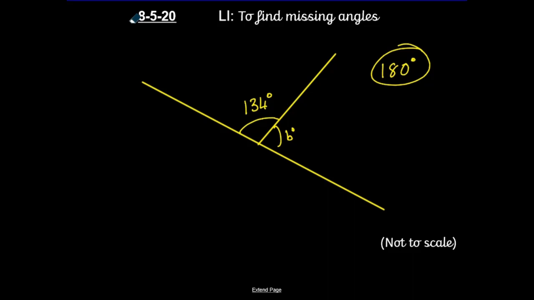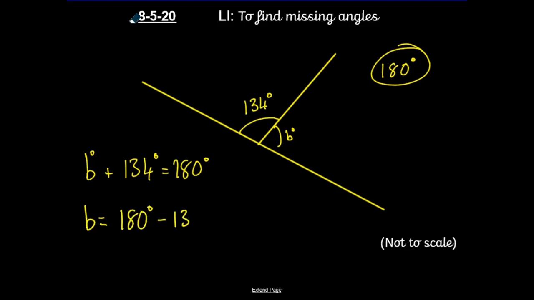So B plus 134 degrees is going to equal 180 degrees. So I can now inverse that, and B is equal to 180 degrees minus 134 degrees. So B must be equal to 46 degrees.